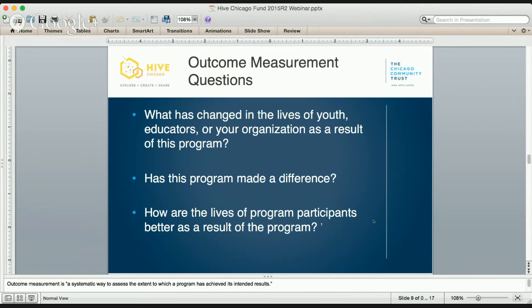These are some of the principles around design thinking that the Hive Chicago Learning Network and the Hive Fund believe in, and we want you to think about your project in that way. Is your project an intervention in some way? And how are the lives of program participants better as a result? Or it could be, as Maria said, not just the program participants, it could be the network or something else that is your indirect outcome.